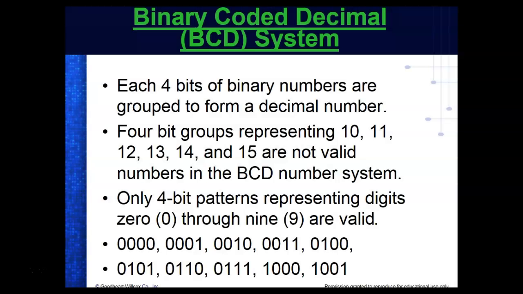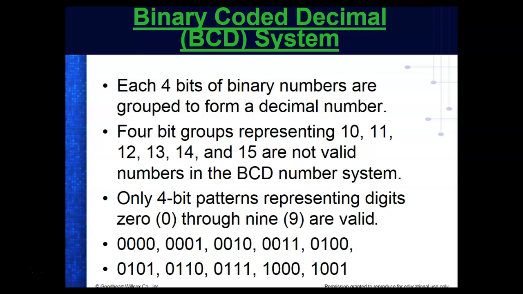Binary coded decimal: each 4 bits of the binary number are grouped to form a decimal number. 4-bit groups representing 10, 11, 12, 13, 14, and 15 are not valid numbers in the BCD number system. Only 4-bit patterns representing 0 to 9 are valid, and here they are.